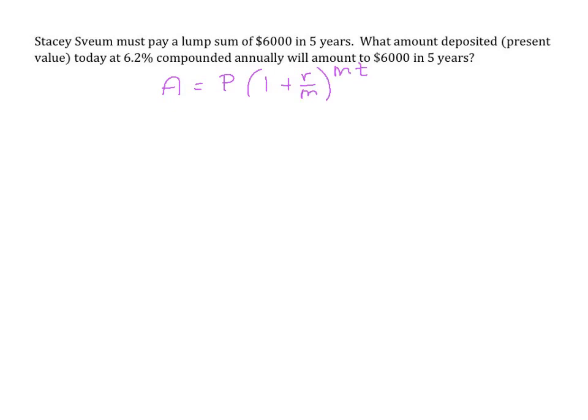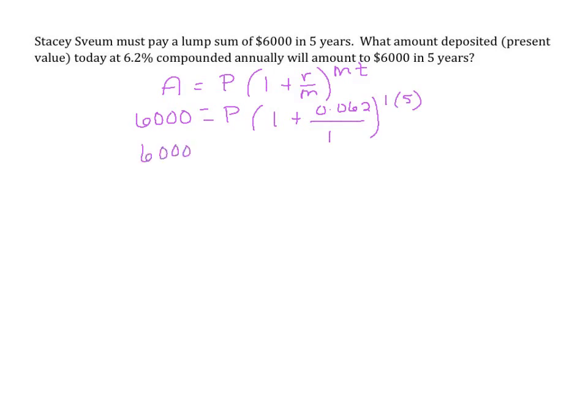So we know that she wants an amount of $6,000. We do not know how much she put into the account, but we do know the rate at which she's earning is 6.2%, so 0.062. And we divide that by 1, since it's compounded annually, and 1 times 5 for 5 years.